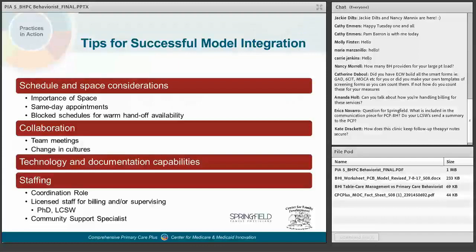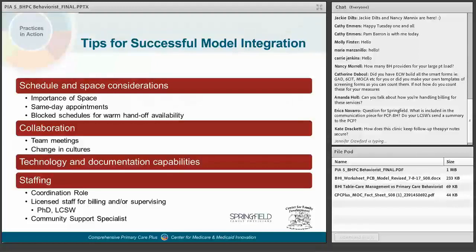And then lastly, we have a community support specialist who goes out into the community with patients who may have a hard time following through on appointments in other places. She can help people with finding housing or jobs or whatever kinds of basic needs people have.